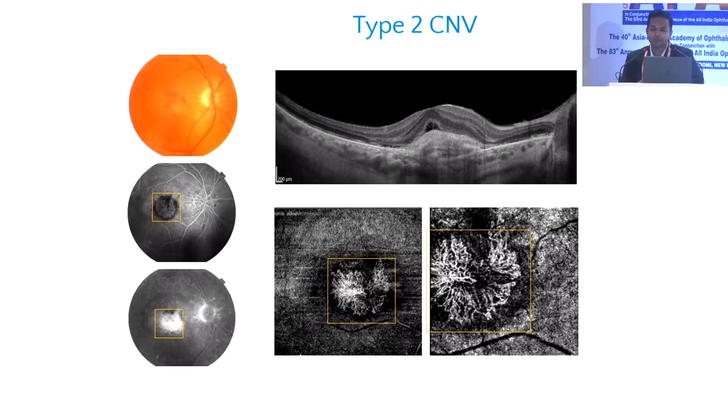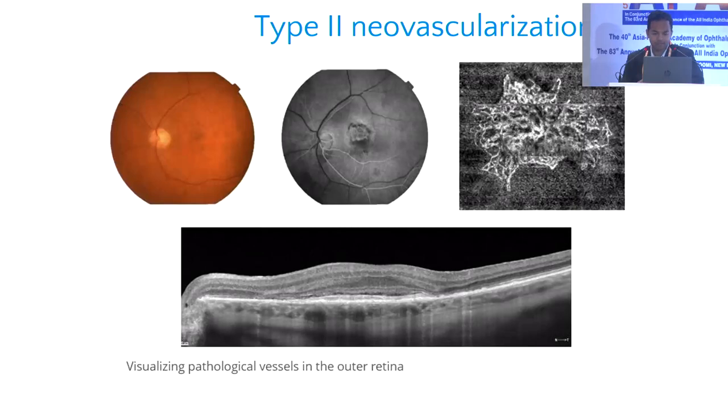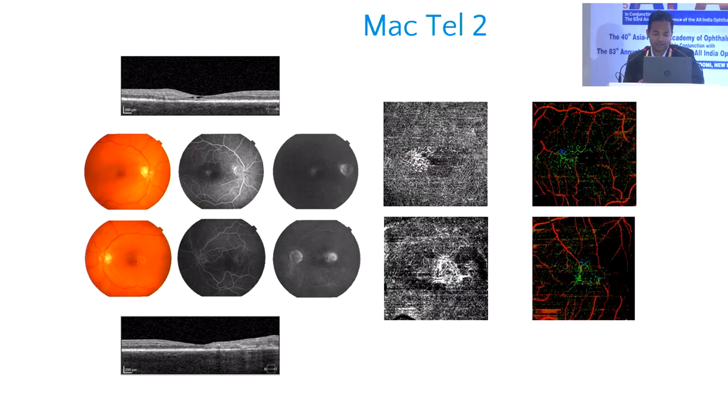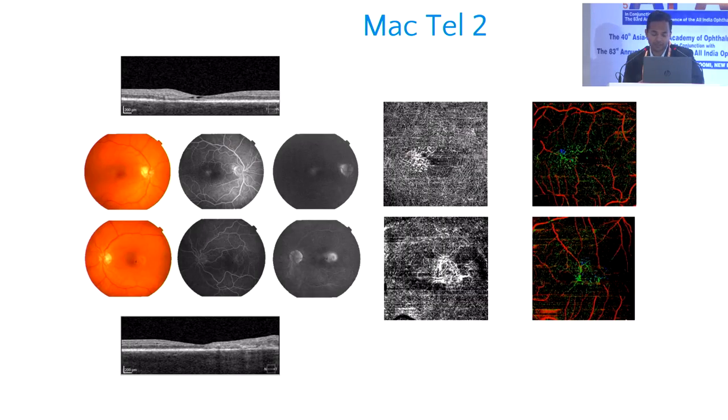Similar patterns are seen in type 2 CNVM as well, and in MacTel as well, we're able to see these branching vascular networks. So again, a good example of how, while there is very minimal fluid or a very flat looking macula, you can pick up a potential CNVM membrane underlying using OCT angio.